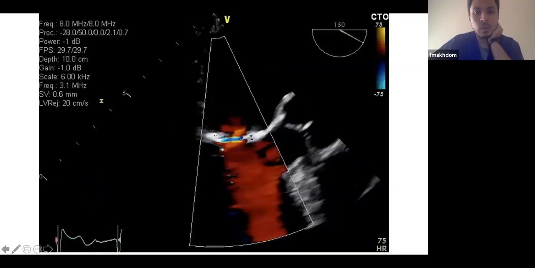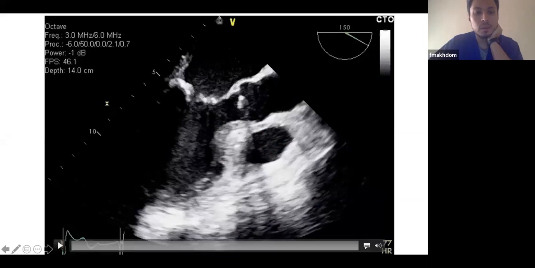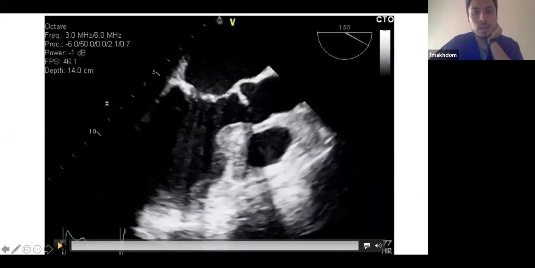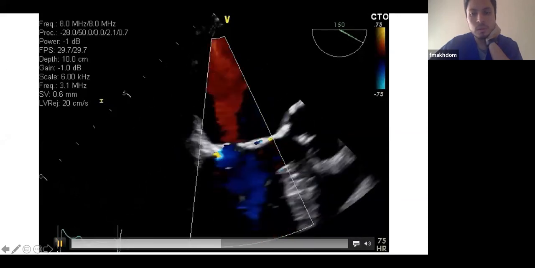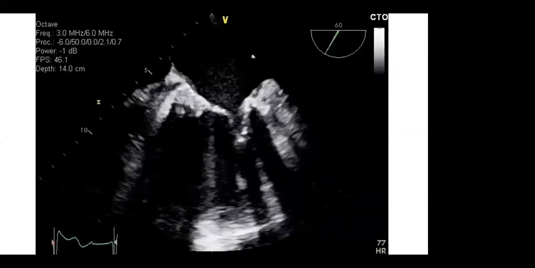Okay, from these images here, and I'm not sure if it's obvious to you, do you see anything that's striking? She had severe mitral regurg.